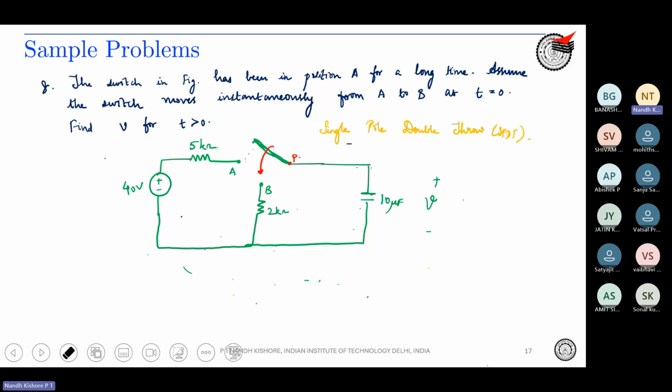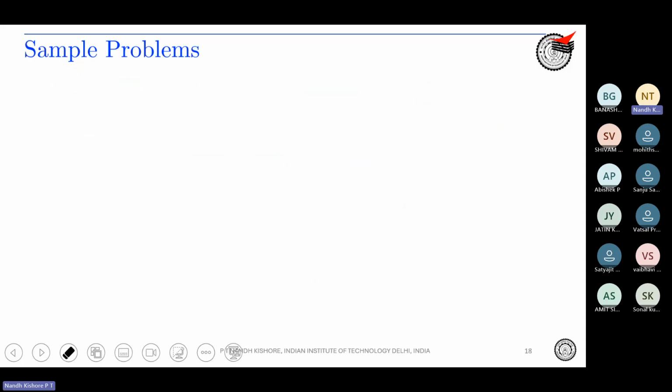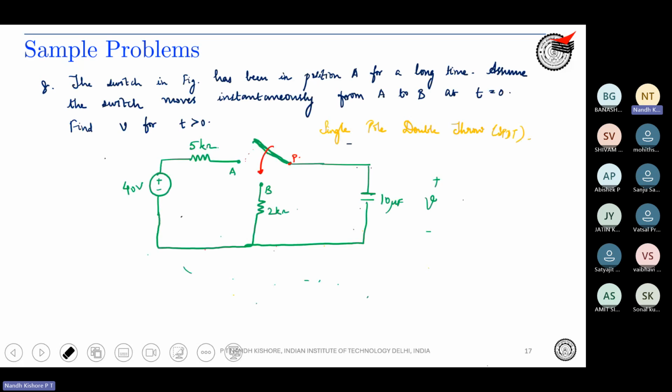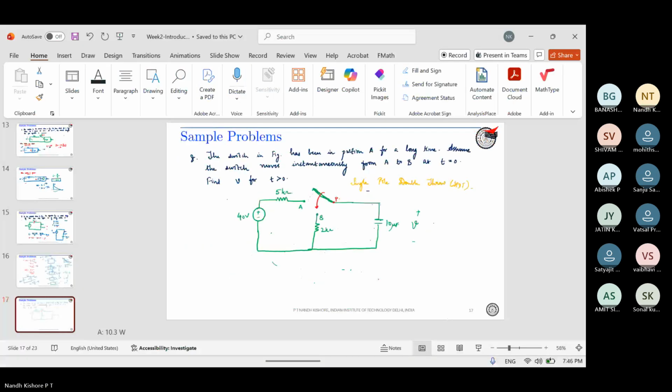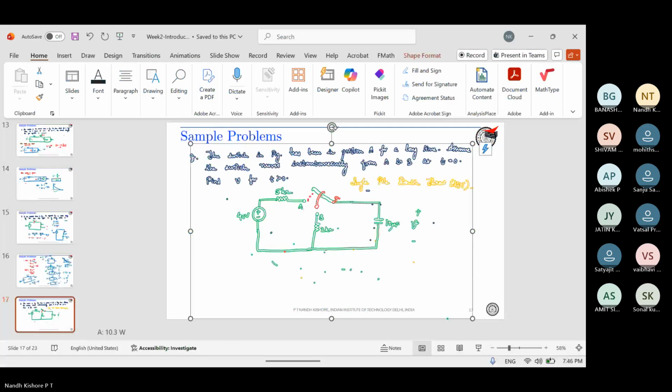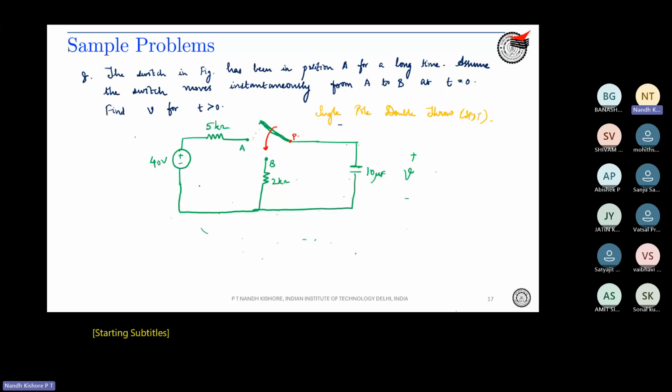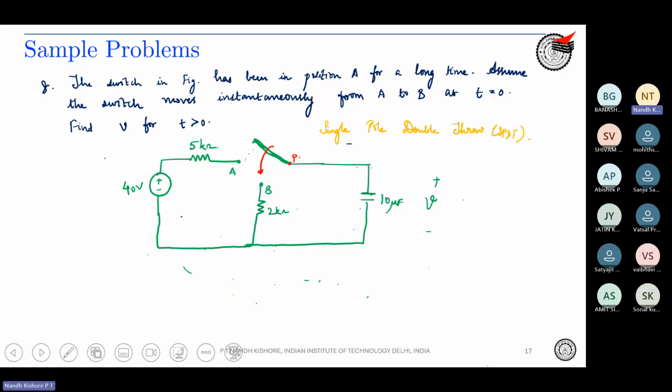So, let's draw the circuit. If I am at position A, it is just an RC circuit.